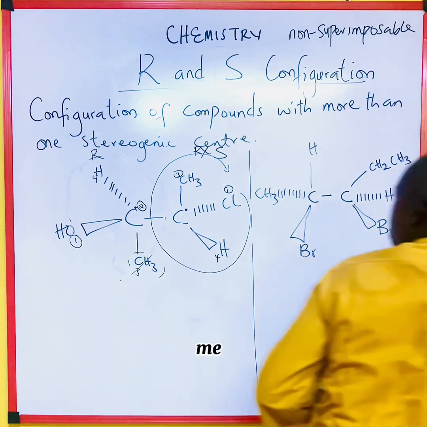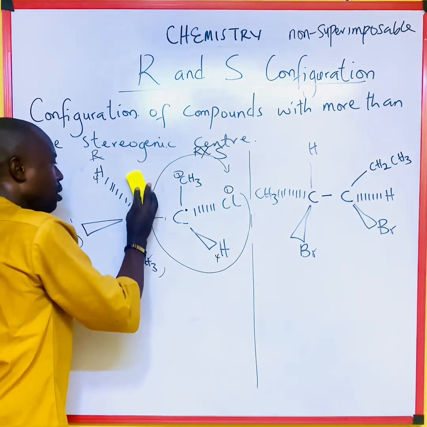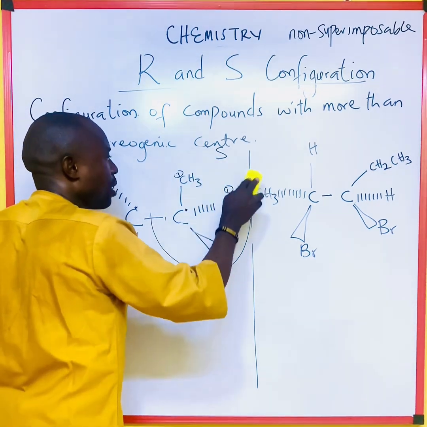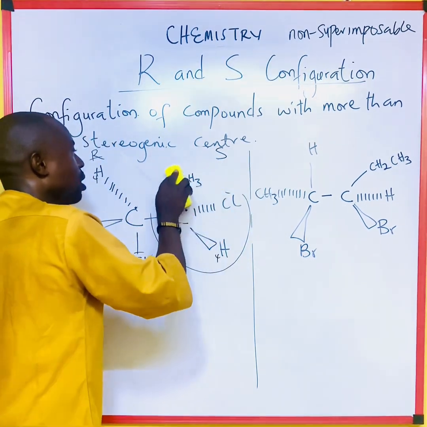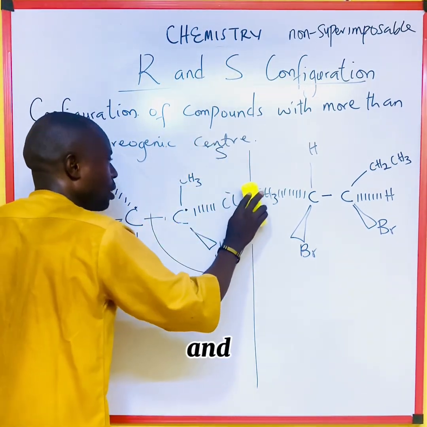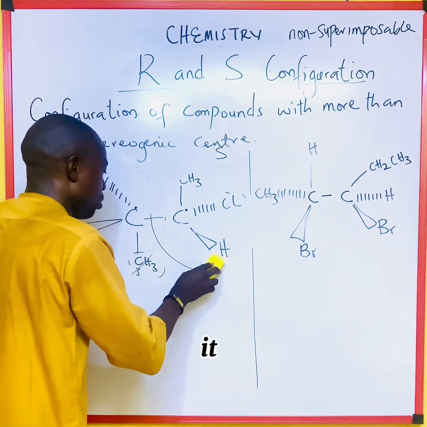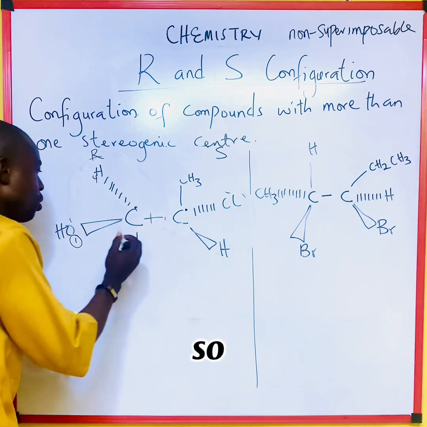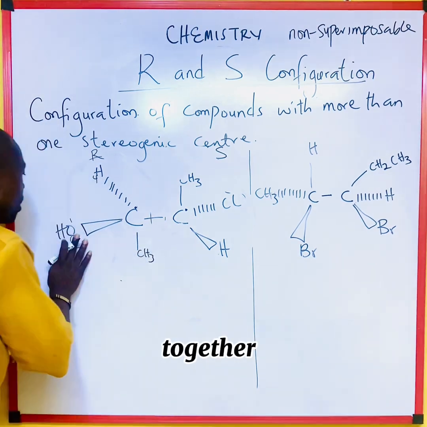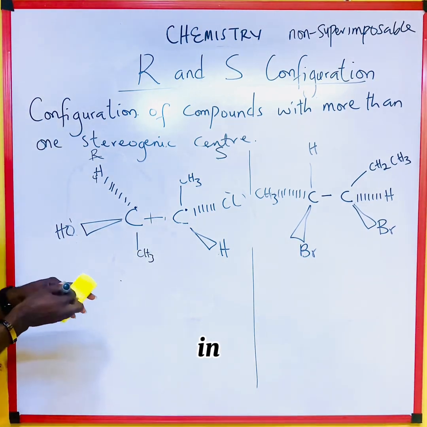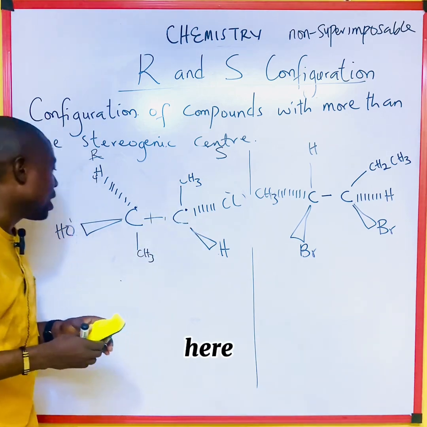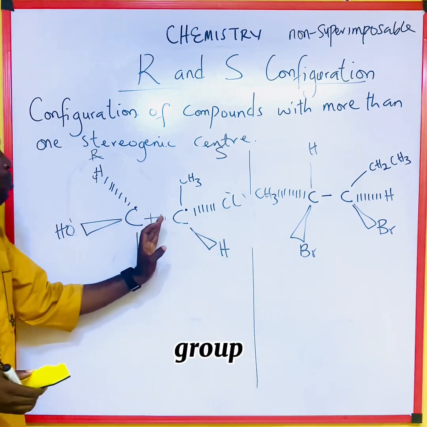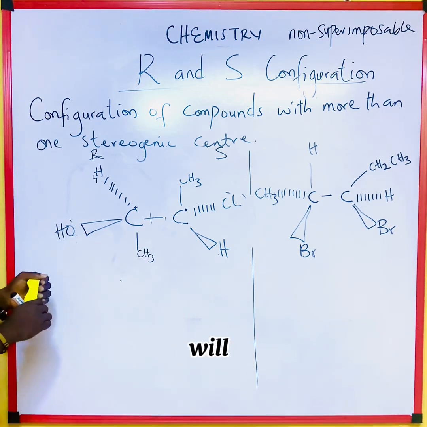So permit me, let me erase the board here. Now I know that here is S, so I can now name it in its appropriate place. Let's name together. In naming this organic compound, the highest functional group here is the hydroxyl group, so I'll start my numbering from here.